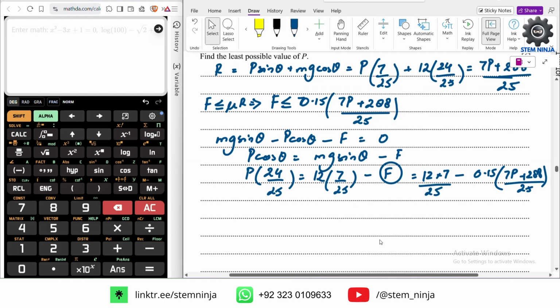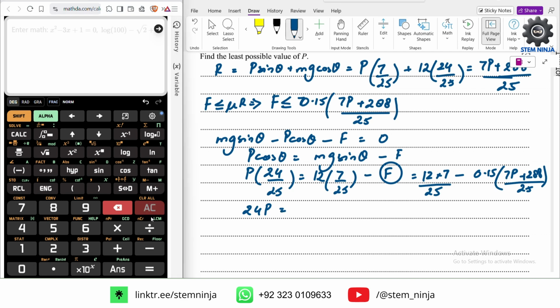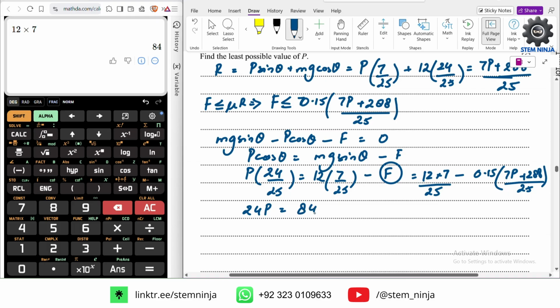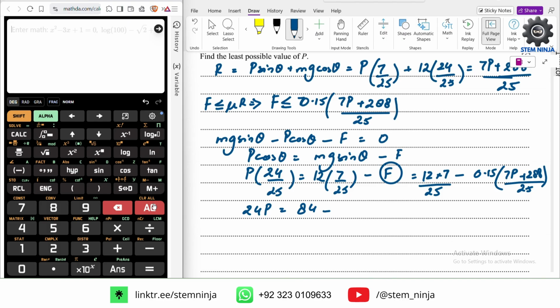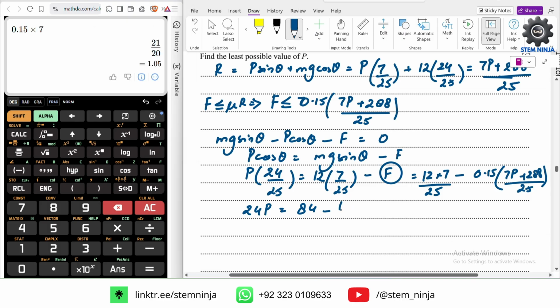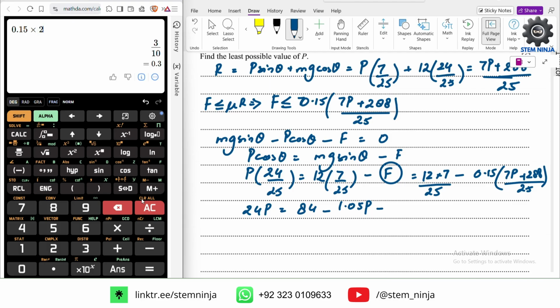On both sides you have 25, so basically you have 24P equals 12 times 7, 84, minus 0.15 times 7, 1.05P, minus 0.15 times 288, 43.2.